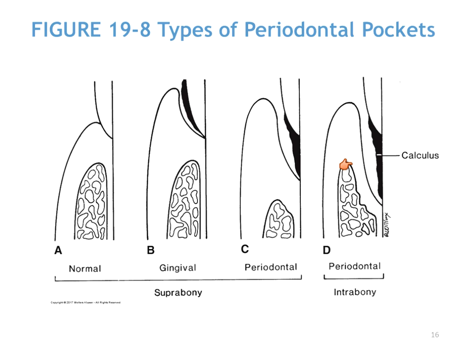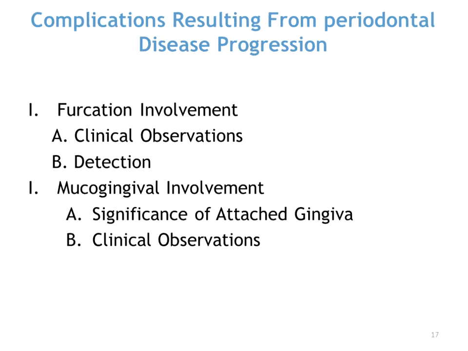The relationships of enamel and cementum at the CEJ are also shown in chapter 18. So this isn't going to be the only time you hear about this. Some complications resulting from periodontal disease progression are furcation involvement and mucogingival involvement. Furcation involvement means that the clinical attachment level and bone loss has extended into the furcation area between the roots of multi-rooted teeth, and we use the Glickman furcation grades.